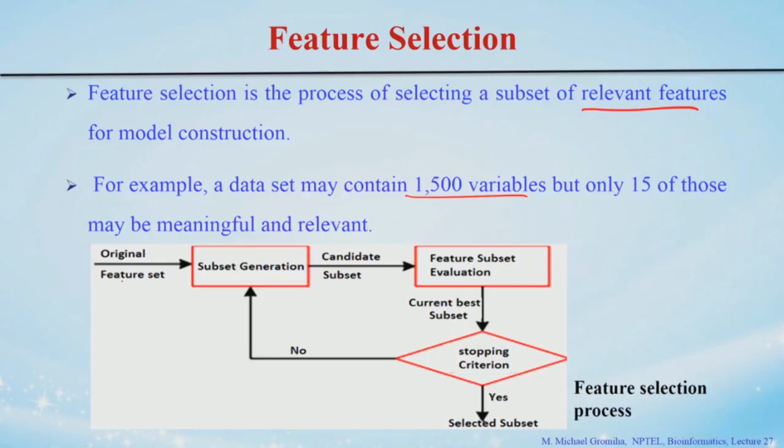So, here we have the original feature set. First we need the subsets. From these original features we can get the subsets, and from any candidate subset we evaluate the features, and if this explains your activity data well, then we go with the selected subset.